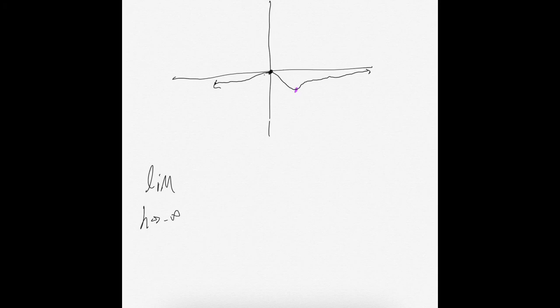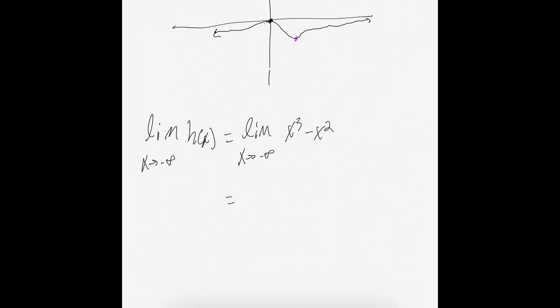Right? So we need more information, and what we're going to do in order to figure out what's happening to the left and right of these points is we're going to look at the limit as x goes to negative infinity of h of x.